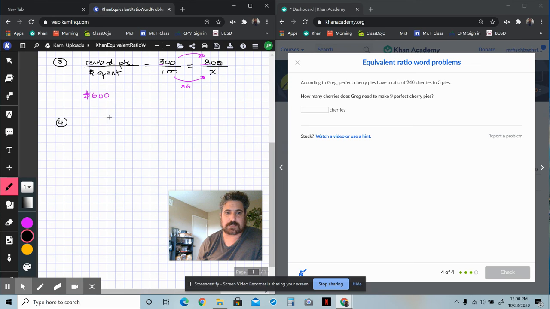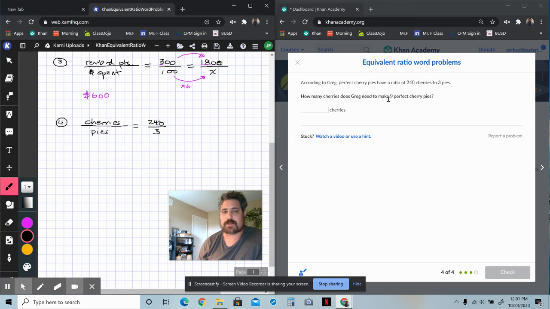But we'll just leave it as it is. So we're going to put number of cherries on top. We're going to put the number of pies on bottom, cherries to pies. And that means that he says the perfect ratio would be 240 for every 3, which obviously is the same as 80 for every 1, right, if you wanted to think about it that way.